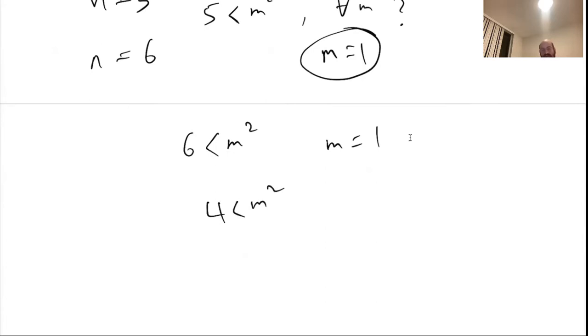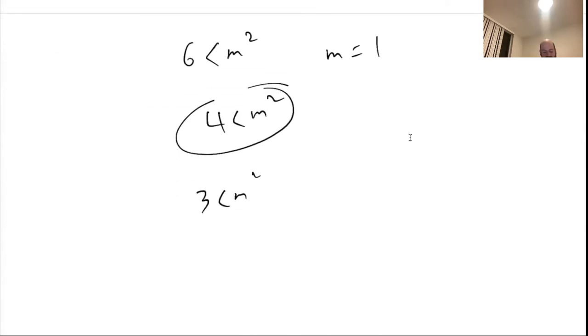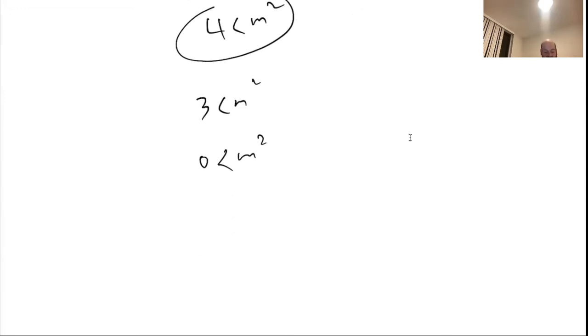Again, this is not true for every m. m equals 1 does not satisfy this. 3 less than m squared, not true for every m. 2 less than m squared, not true for every m. 0 less than m squared. Again, not true for every m because m equals 0 does not satisfy this. 0 is not less than 0.